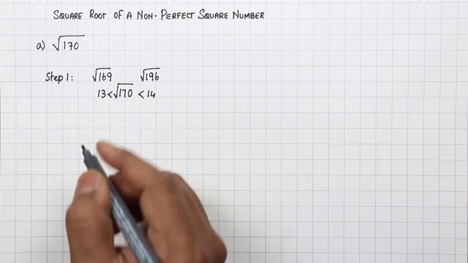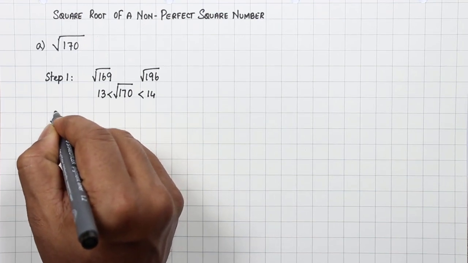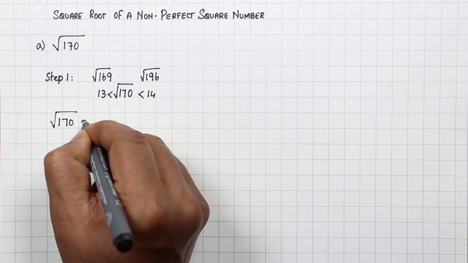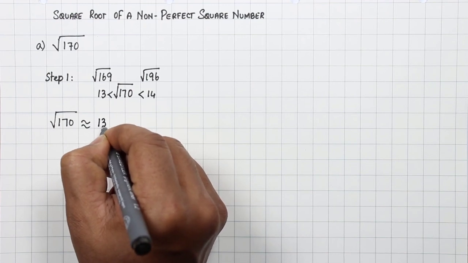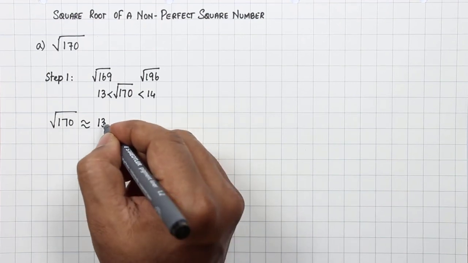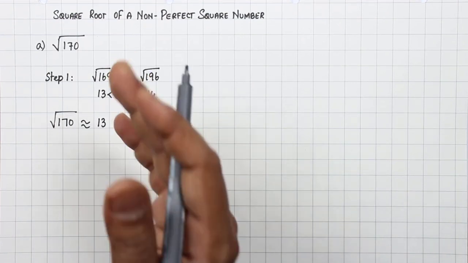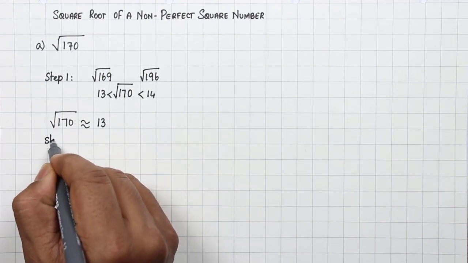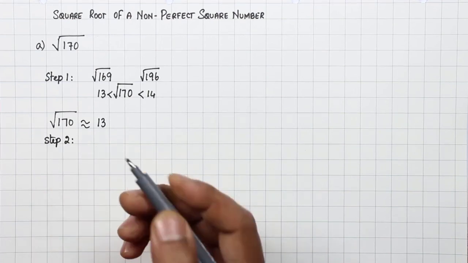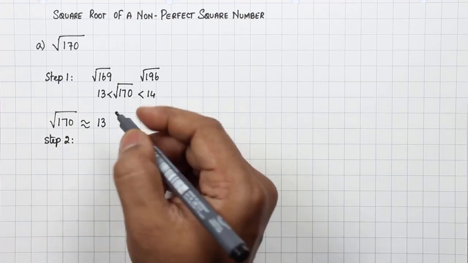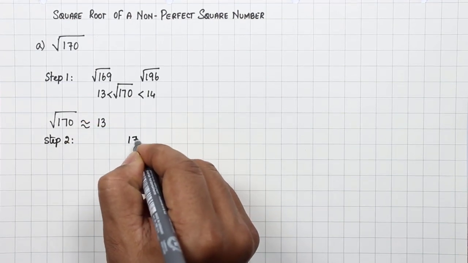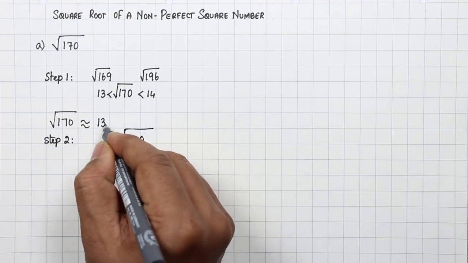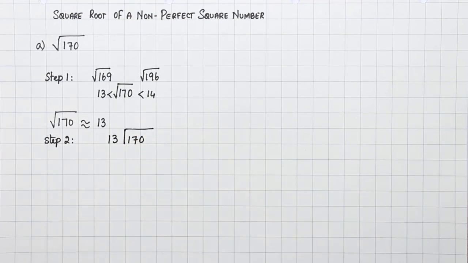So I know that square root of 170 is approximately 13. In order to find the decimal places, I will divide, so that is my step 2. Step 2 here is to divide 170 by the estimated value, that is 13.